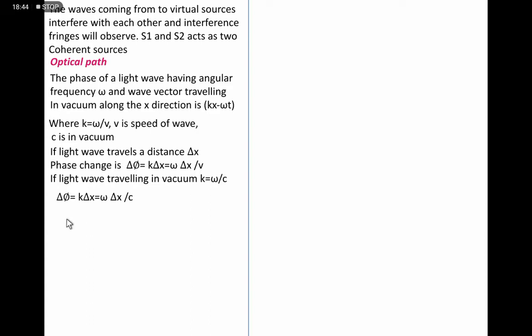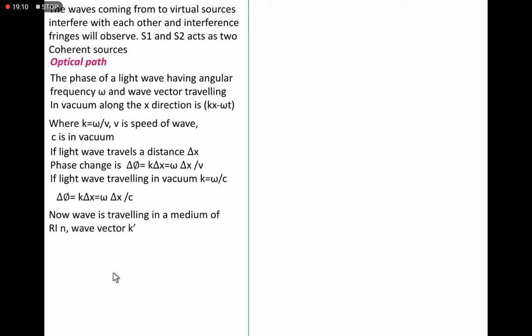This wave vector is 2 pi by lambda, the value we already studied in oscillations. So when light travels in vacuum, the equation is omega delta x by c.